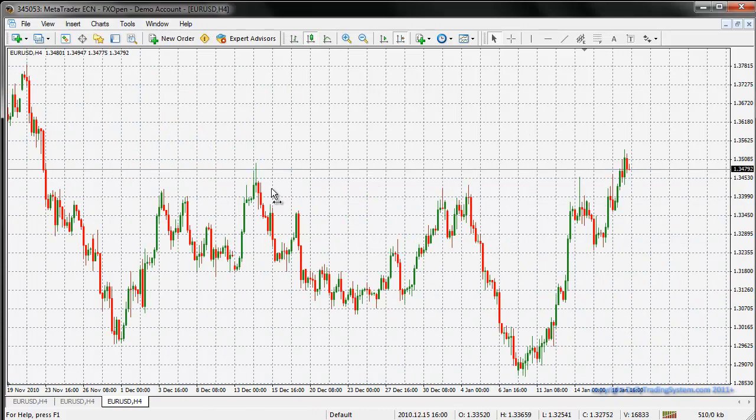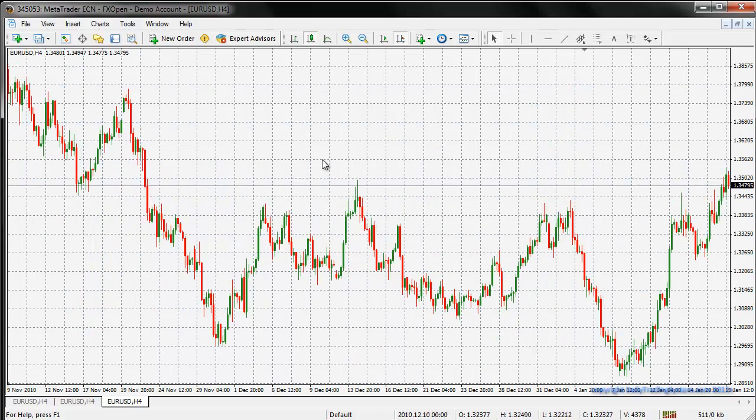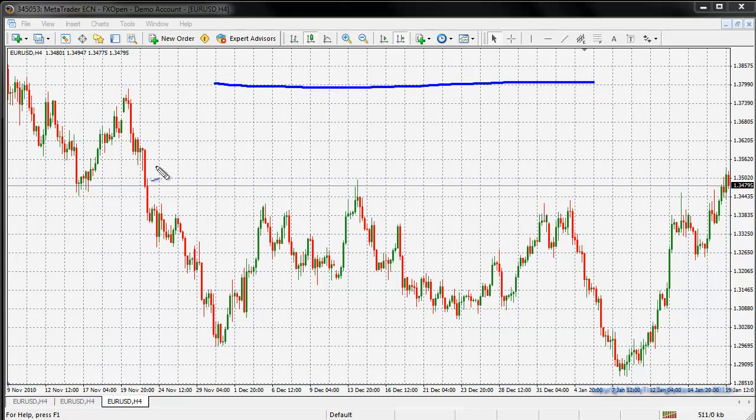Let's show you first of all how we can find some support and resistance levels. Now, what is support and resistance? Well, let's just draw a line here. This area is the resistance and this is the support.